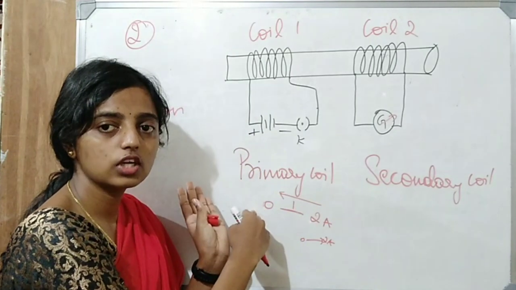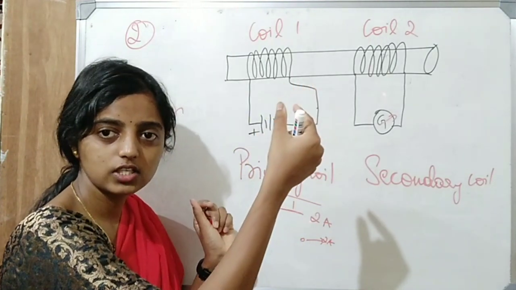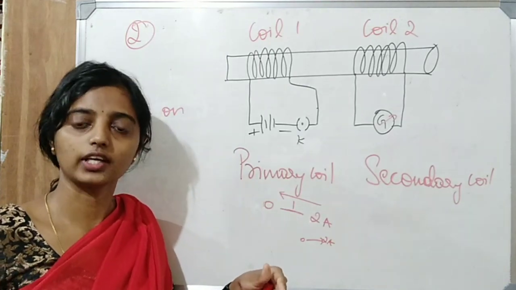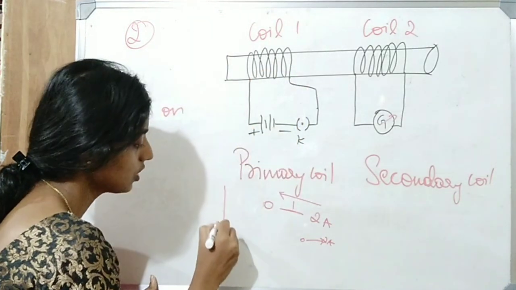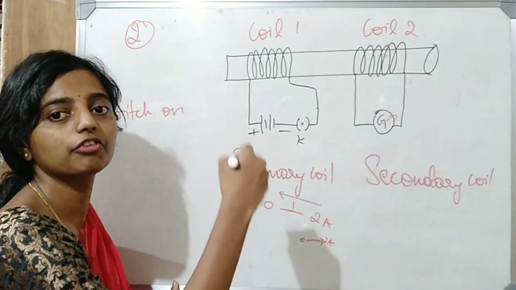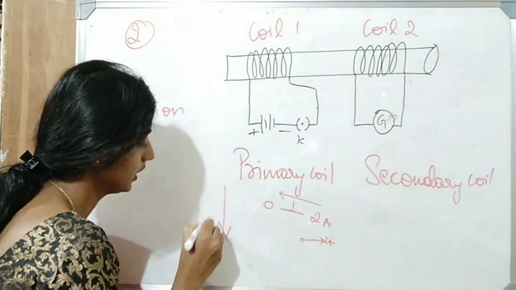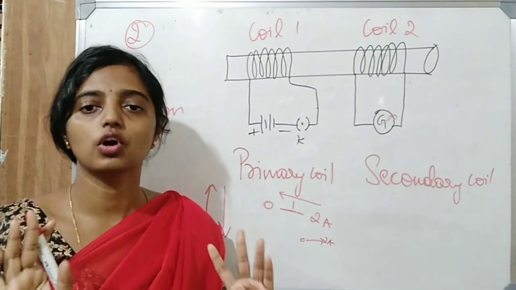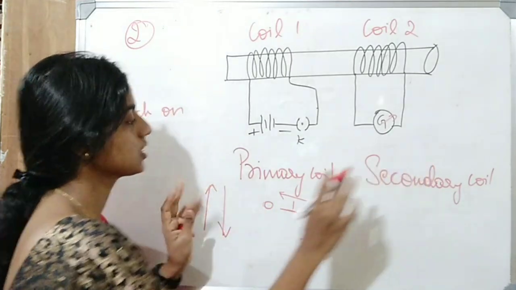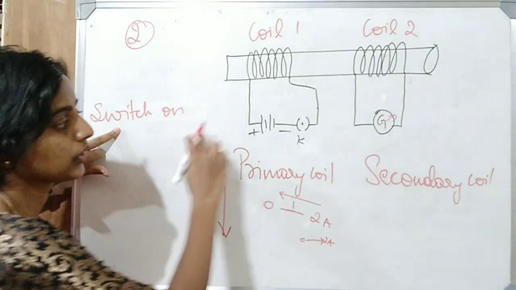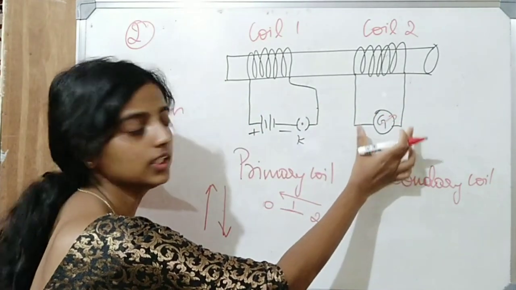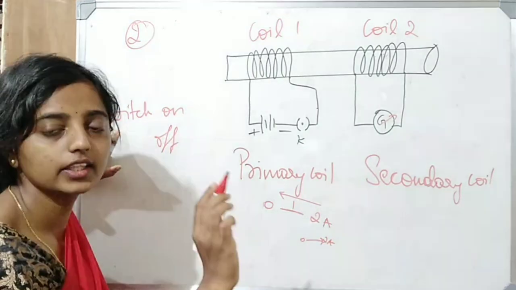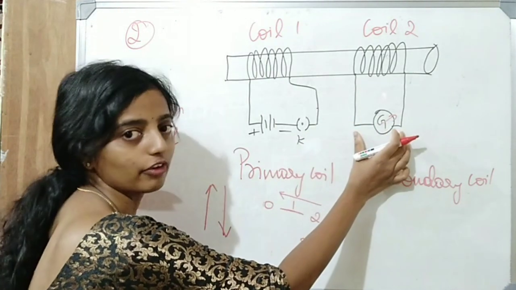It will come back in a decreasing way, 1.9, 1.8, 1.5, 0.5, then 0, right? When it is decreasing also, we'll get a different magnetic field. When it increases also, we'll get different magnetic field lines. So all you need to understand from this activity is, when we switch on, there will be a deflection in the galvanometer. When we switch off, again there will be a deflection in the galvanometer.